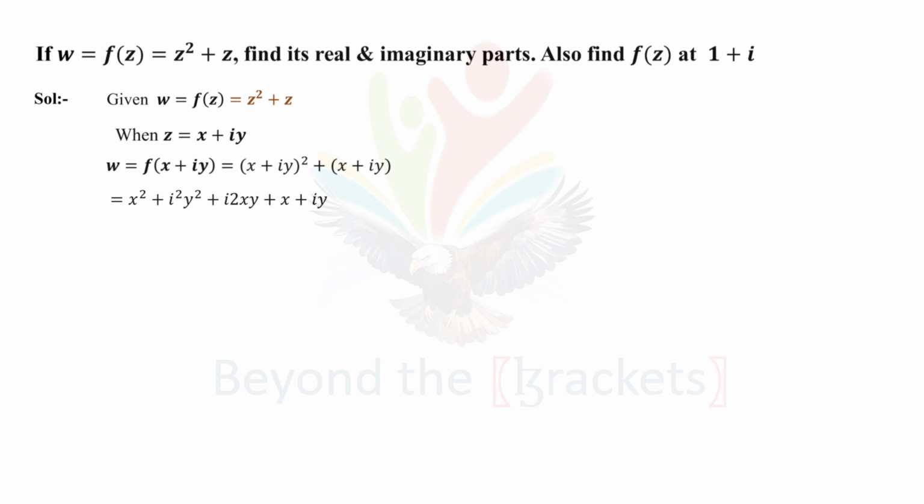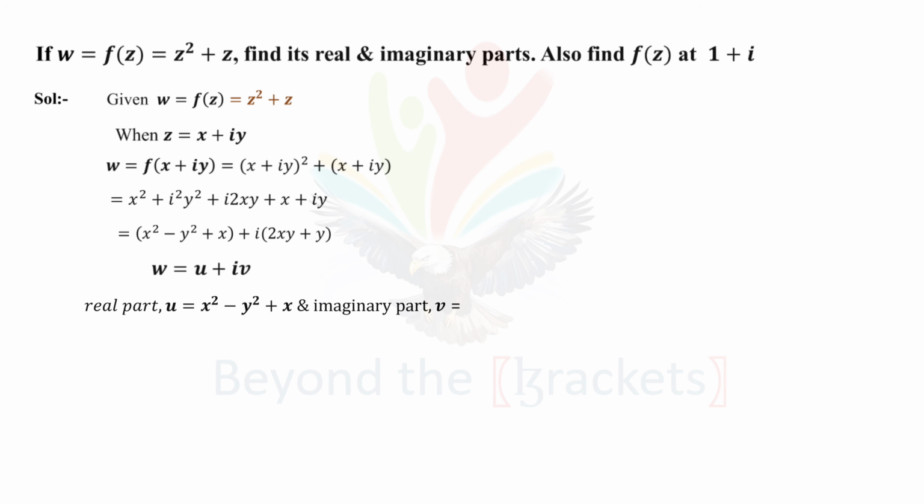Separating the real and imaginary terms, we get x square. Since i square can be written as -1, it becomes minus y square plus x plus i into 2xy plus y. Comparing this with the standard form w is equal to u plus iv, we get real part u is equal to x square minus y square plus x and the imaginary part v is equal to 2xy plus y.